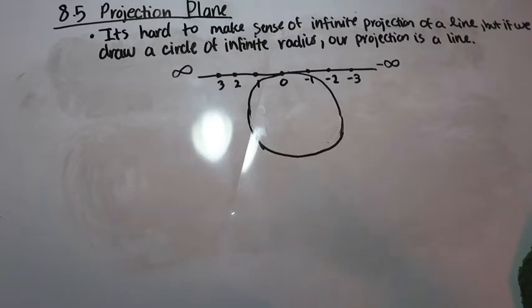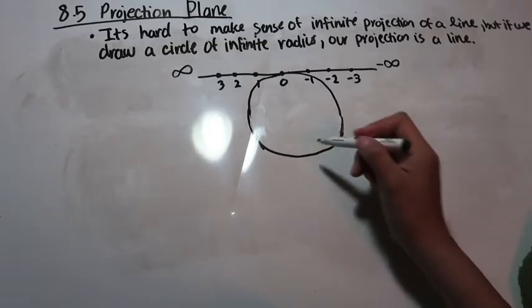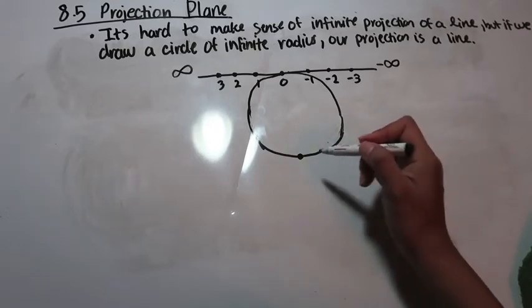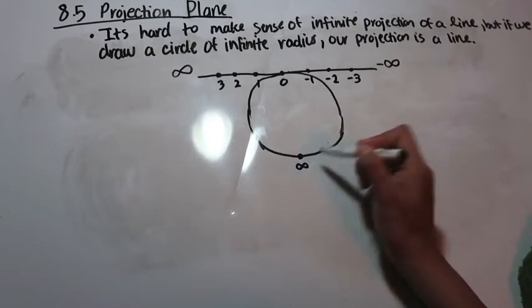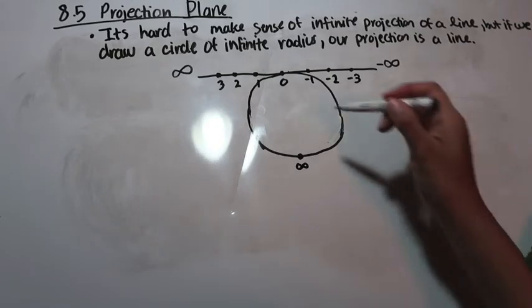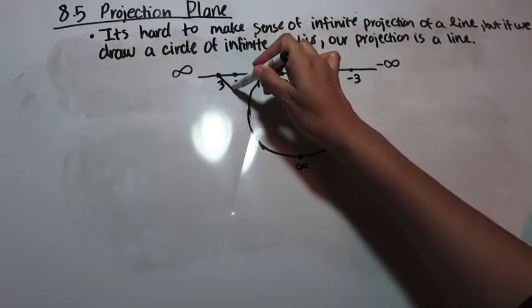As I mentioned earlier, what's going on here is that you have a line, and the two ends of the line are joined by a single point at infinity. So it's at a single point on the circle. Here we're gonna call this infinity, and they're all joining this single point here.